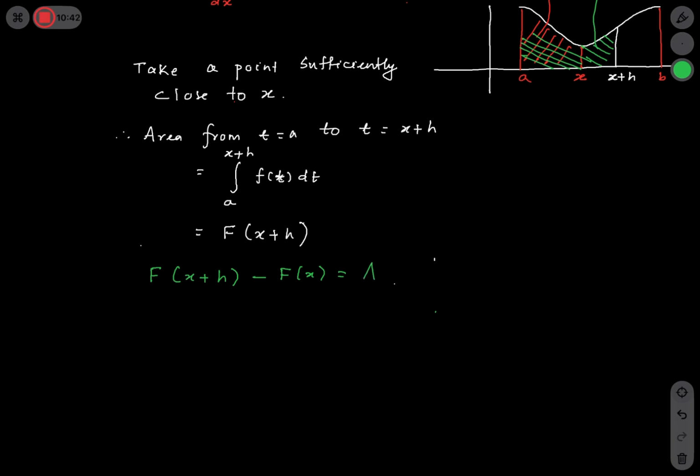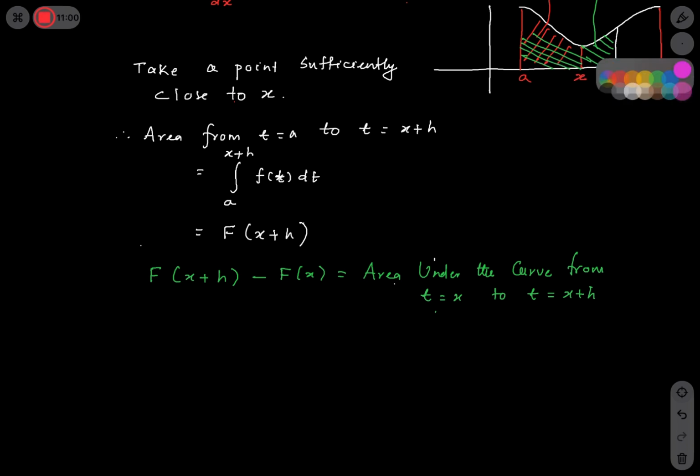You will get the area under the curve from t equal to x to t equal to x plus h. I mean this area, I'm drawing it in pink color. This area is the area from t equal to x to t equal to x plus h.